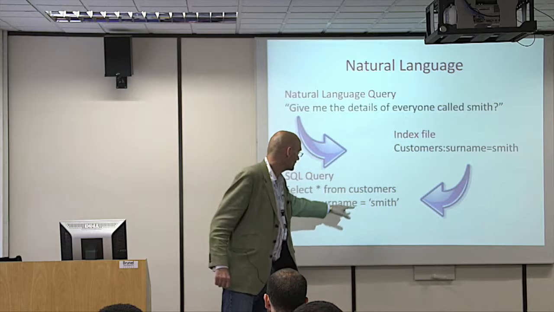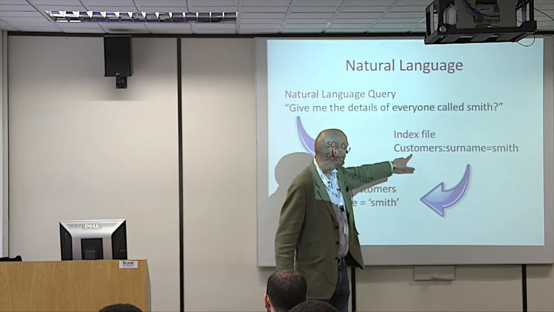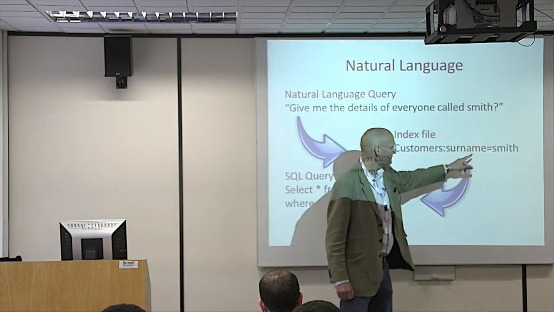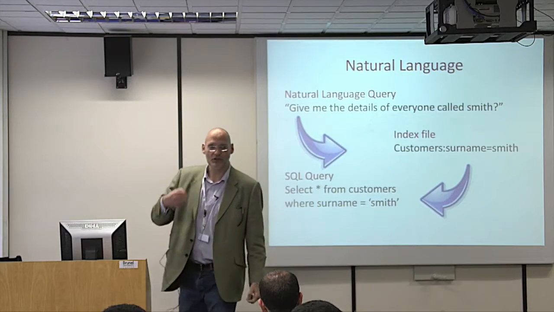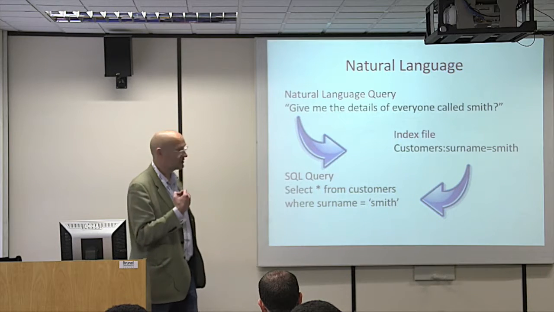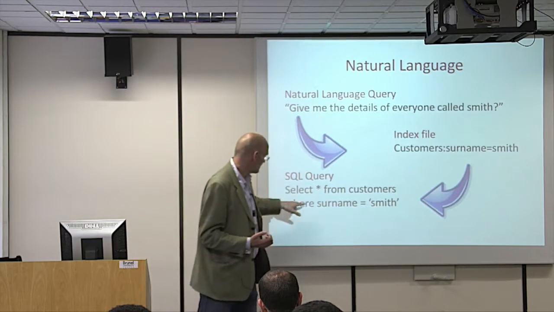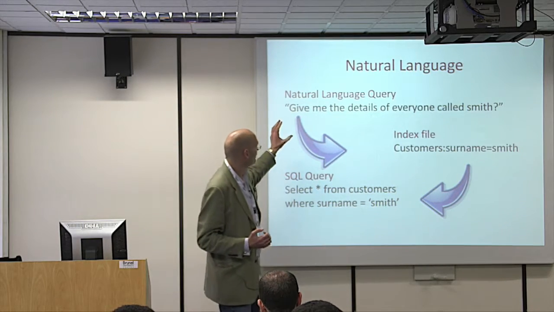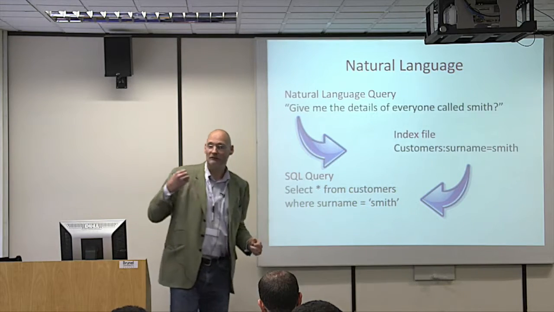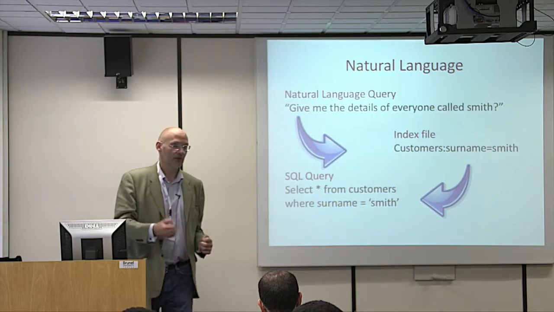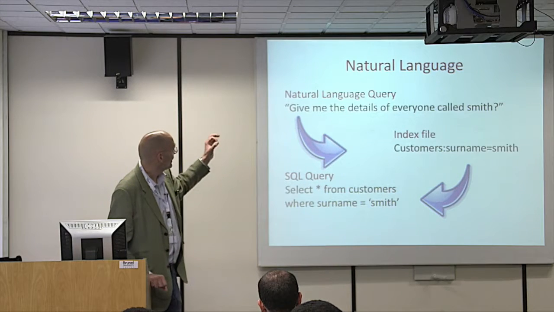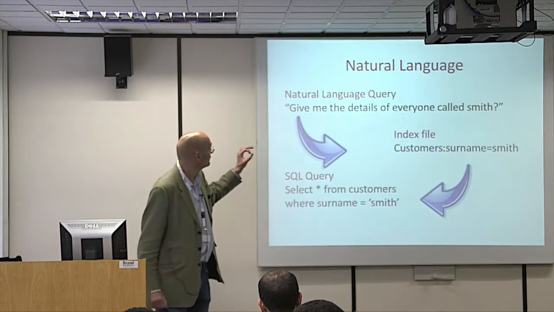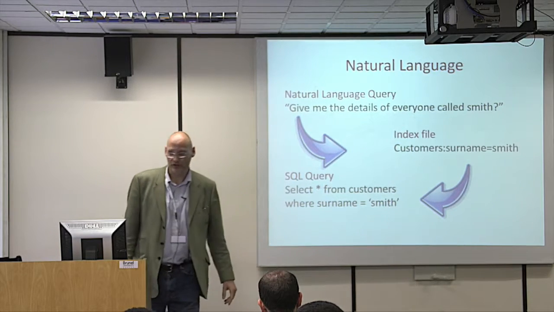I'm going to have to search customers, because my index file tells me that I've got a surname of Smith, or an attribute of Smith, within the database. So I'm using an index file, or a bag of words if we start talking about natural language, creating an SQL query straight from a natural language query.